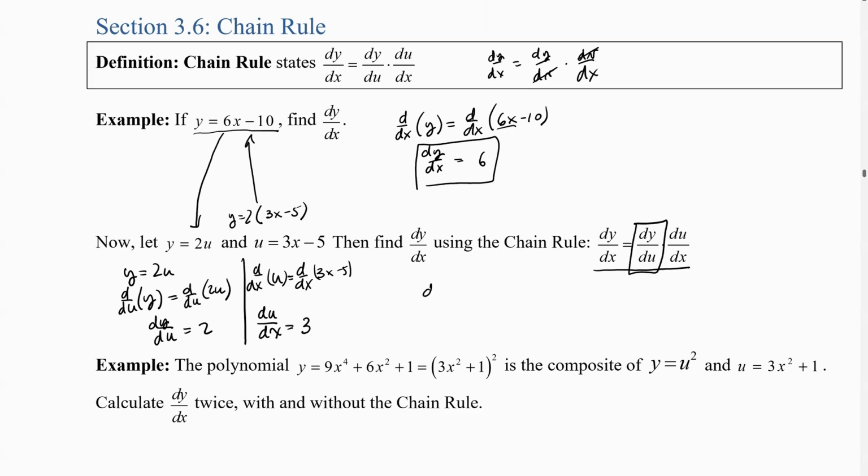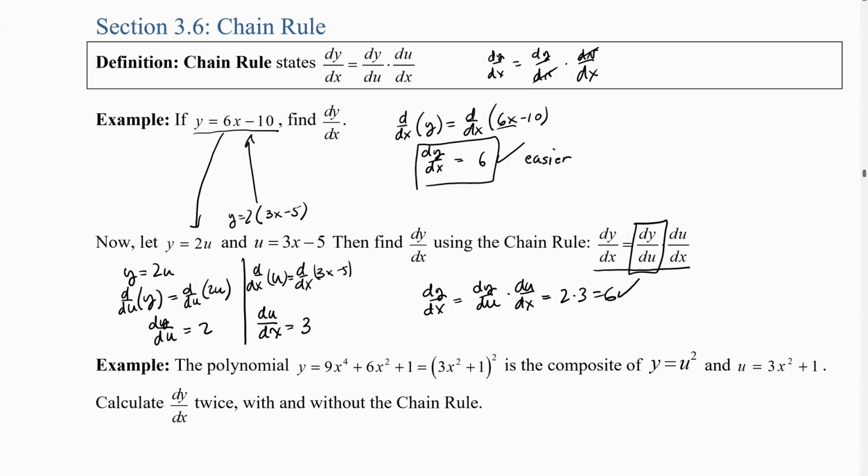Great. So what is dy/dx? Well, again, it's dy/du times du/dx, which is 2 times 3, which is 6. And that exactly matches the other one. You're like, why are we doing this? It was so much easier to do it this way, and we get the same answer.